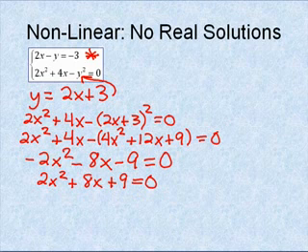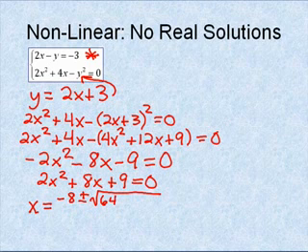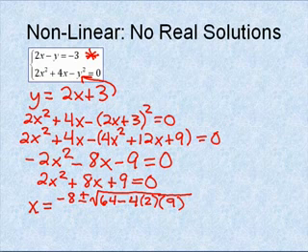So x is equal to the opposite of b, so -8, plus or minus the square root of b squared, which is 64, minus 4 times a times c. Extend that out. And that's all divided by 2a, so 2 times 2.